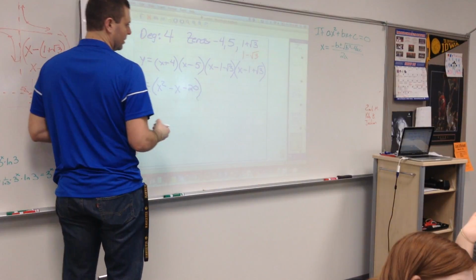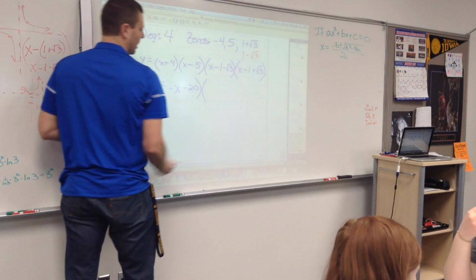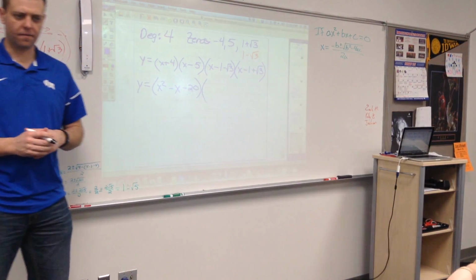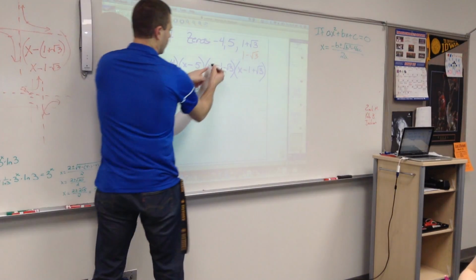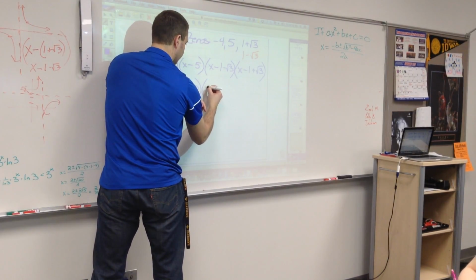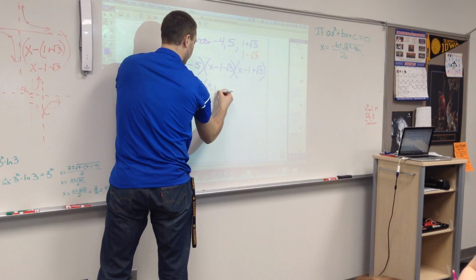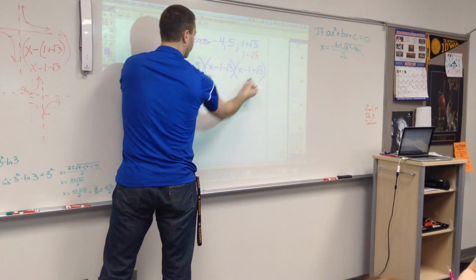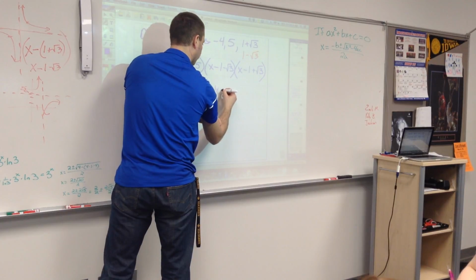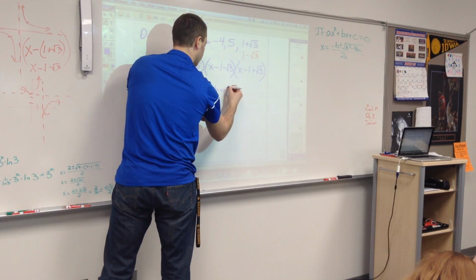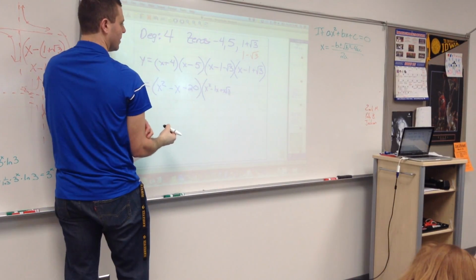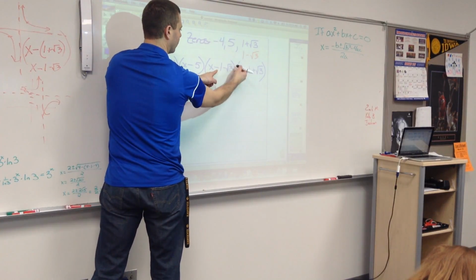Okay, so the first two, FOIL, that's pretty simple. The next one, okay? I'll write this out here. x times x is x squared. x times negative 1 is minus 1x. x times root 3 would be x root 3. Okay? Then I have to distribute my negative 1.